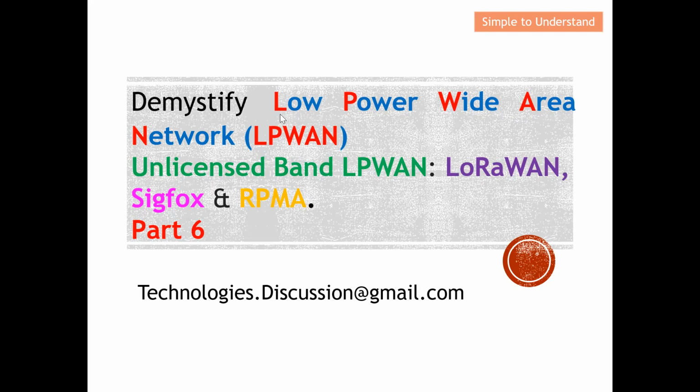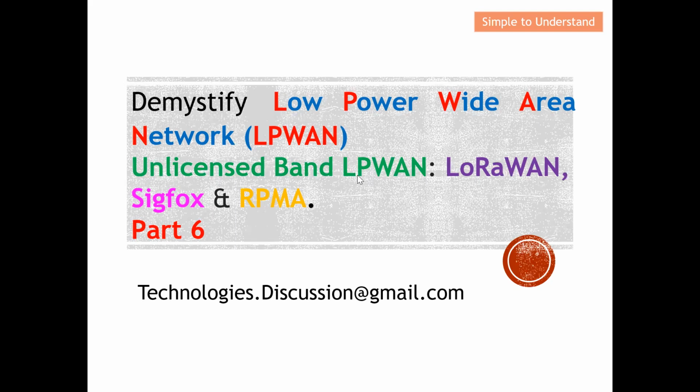Today, I'd like to continue the discussion on LPWAN, which stands for Low Power Wide Area Network. For a start, I will emphasize the key difference between unlicensed band LPWAN versus licensed band LPWAN. Next, I will concentrate a little bit more on unlicensed band LPWAN.